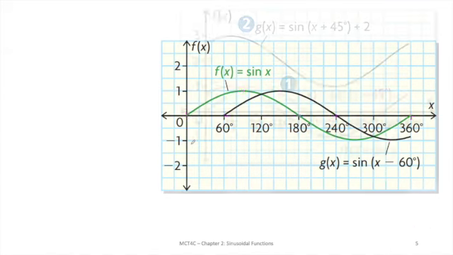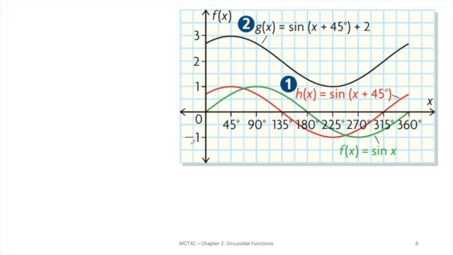Take a second just to step back. We're starting originally with our green graph, which is just our sine of x. So you should notice 0, 0, 90, 1, 180, 0, 270, -1, 360, 0. Then they have translated it to the left 45 degrees, and then they've moved it up 2.